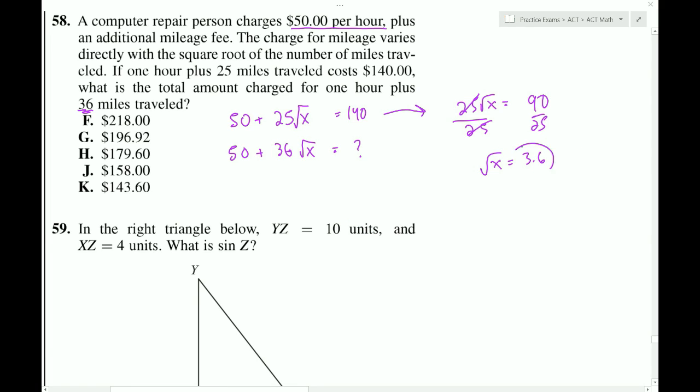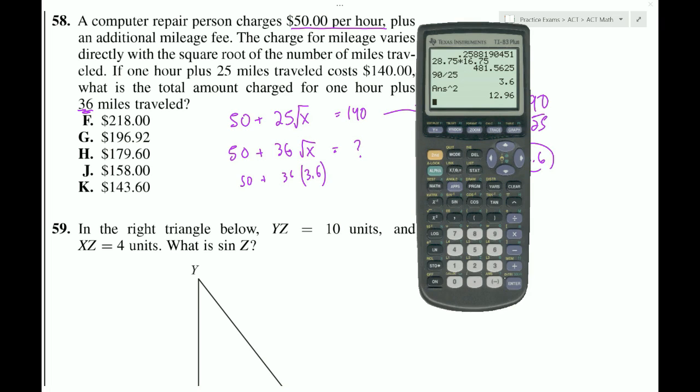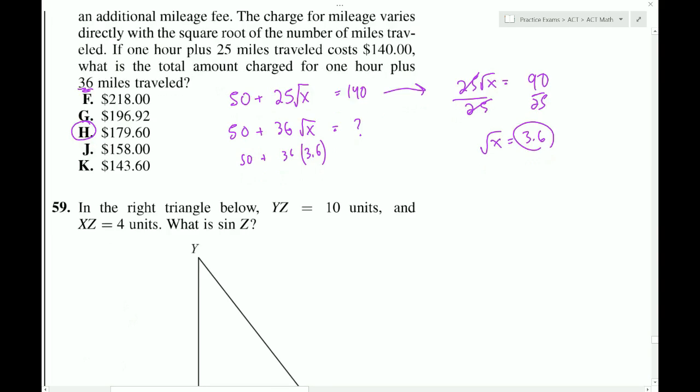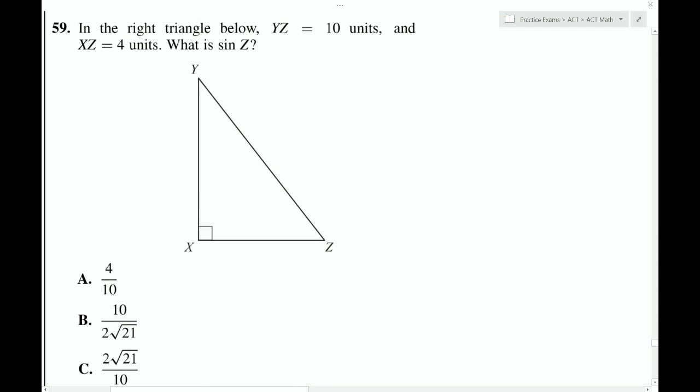So we could plug in this for radical X. Alright, so we have 3.6 going there times 36. Alright, so let's see, 36 times 3.6 and then add 50, 179.